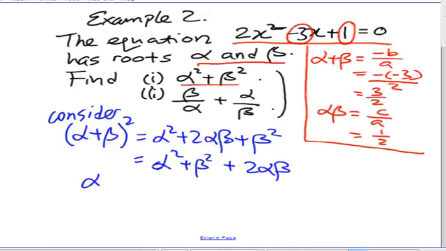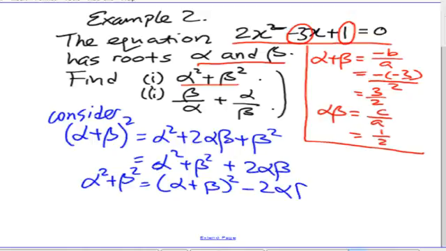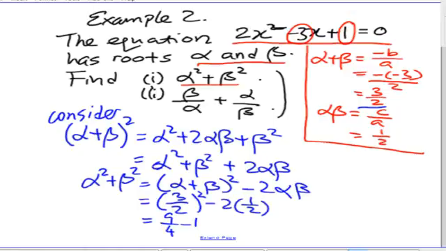Reorganizing this means alpha square plus beta square is equal to alpha plus beta everything square minus 2 alpha beta. So now we need to find the sum. Our sum here is 3/2. So it's 3/2 square minus 2 of the product, which is half. So I will get 9 over 4 minus 1.